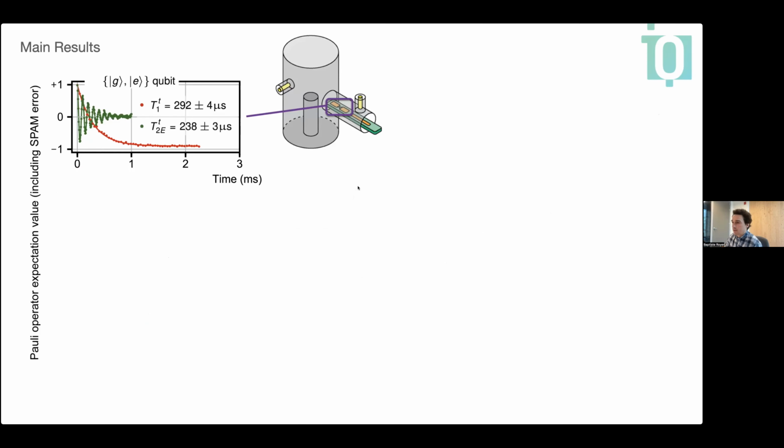Now if we quantify this decay a bit, we can compare the 3 main elements in our system. We could have encoded the information in the transmon, and in this case, the transmon had a T1 of 290 and a T2 of 240 microseconds.